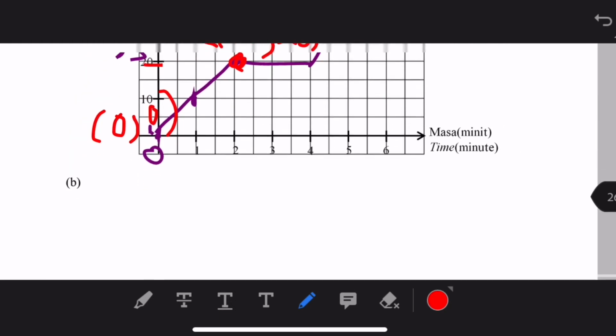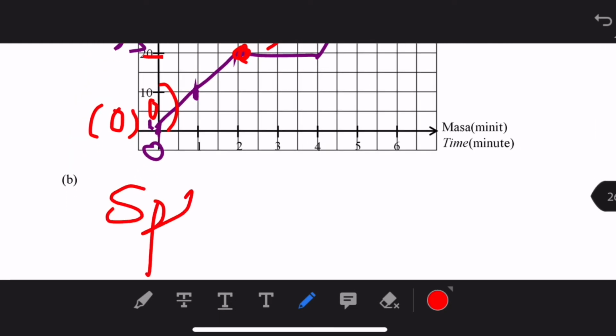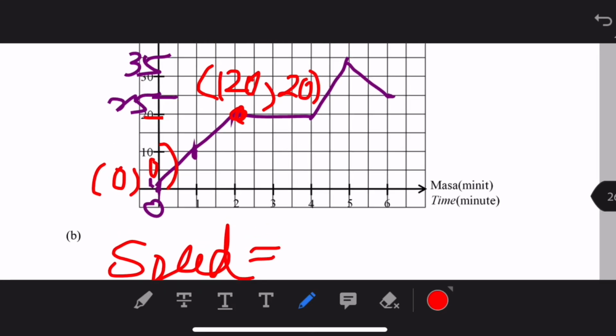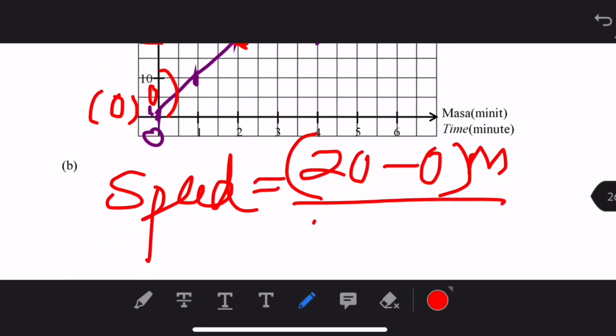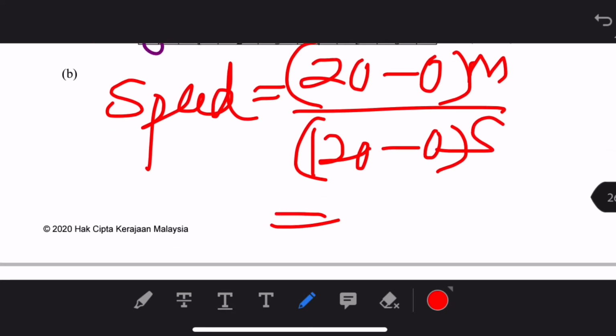So make sure it's correct. Speed is equal to y2 minus y1 in meters over 120 minus 0 in seconds. So the answer is 1/6 meter per second.